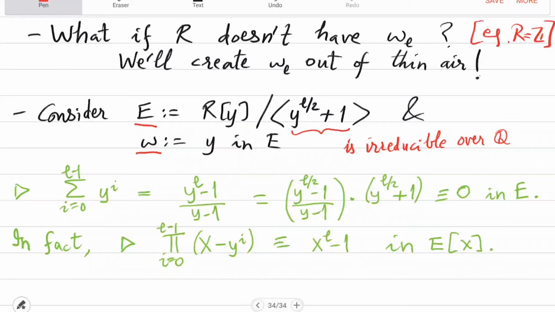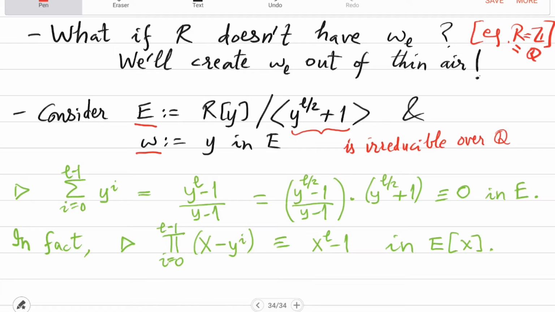So you keep in mind R equal to Z for the subsequent discussion, because that really is your motivating case. Or you can also take R to be Q, which has the same problems. Q also doesn't have any omega. And these are both of practical consequence. All your practical questions are in Z or Q.